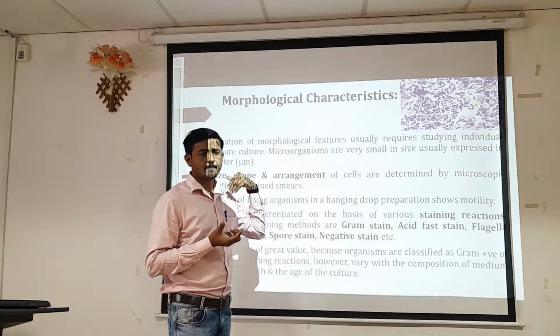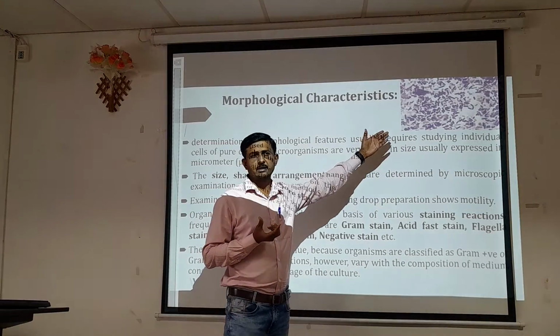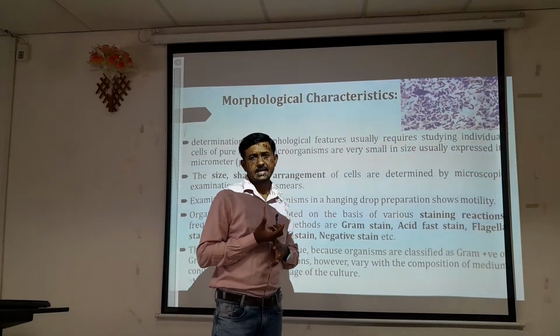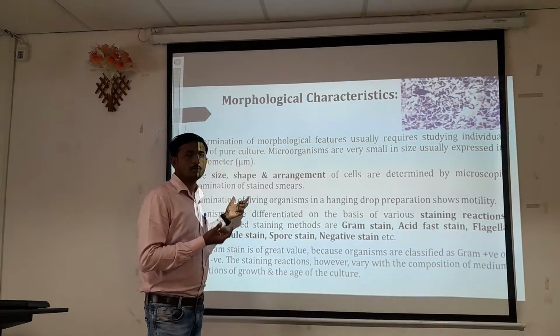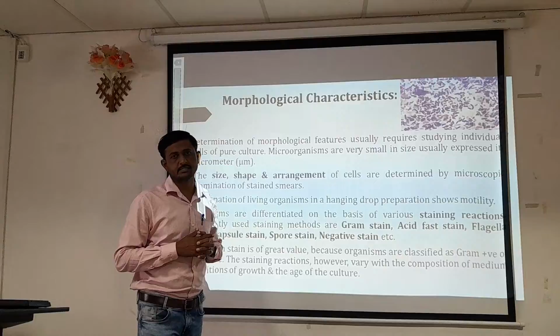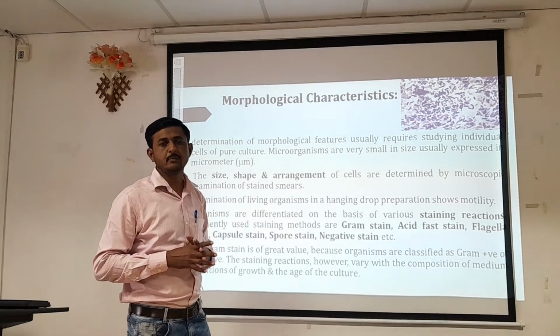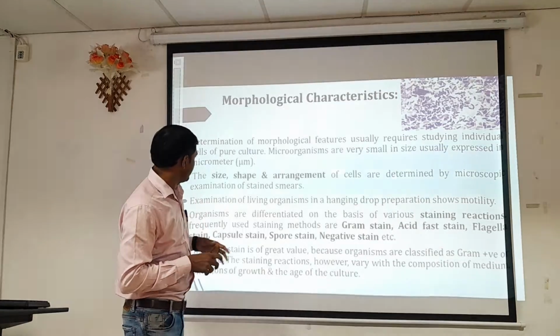After visualization, on the basis of the slide we can observe the shape, size and arrangement of the bacterial cell. By using this process we can observe a typical bacteria under the microscope.